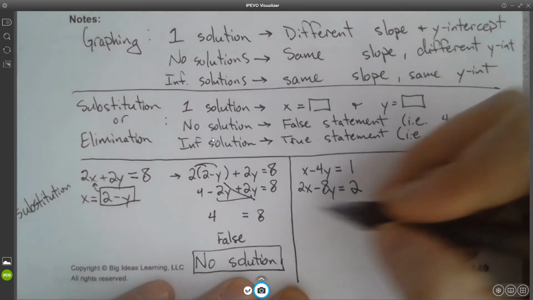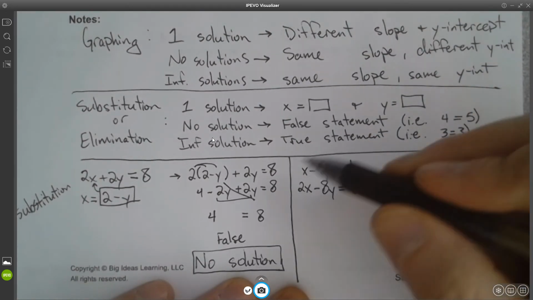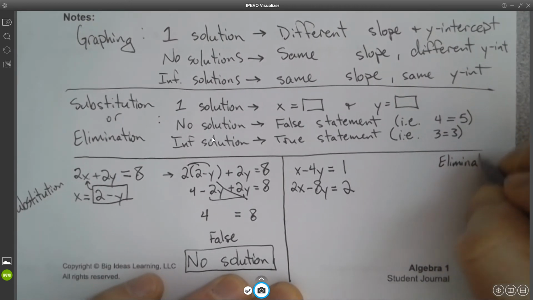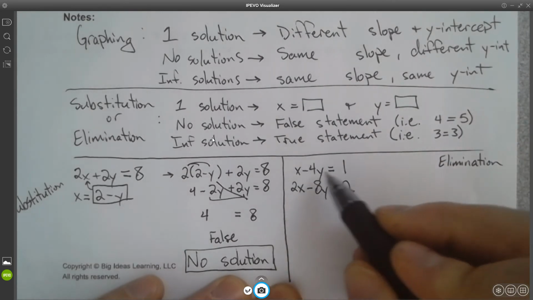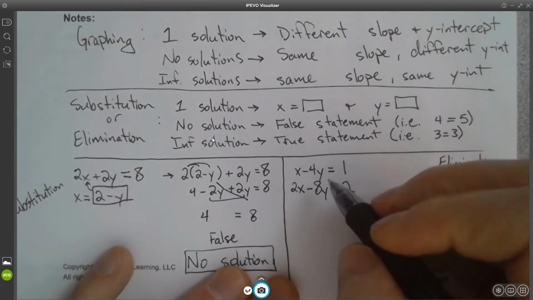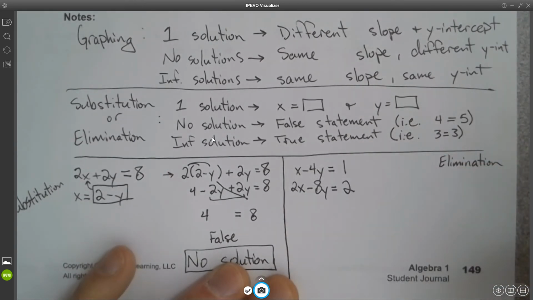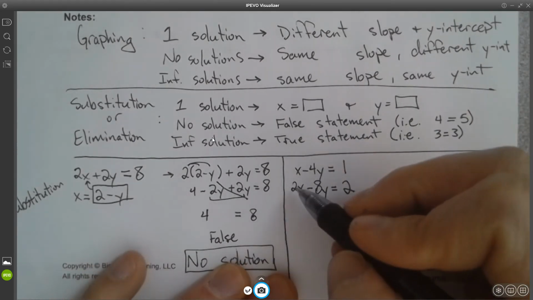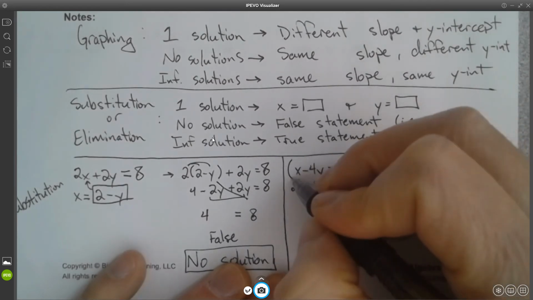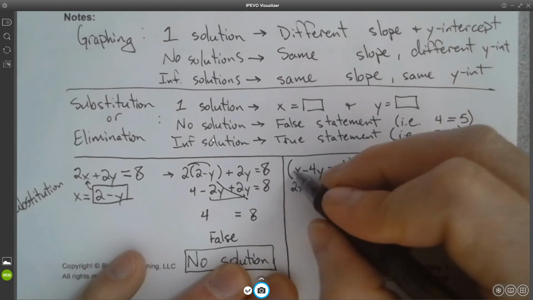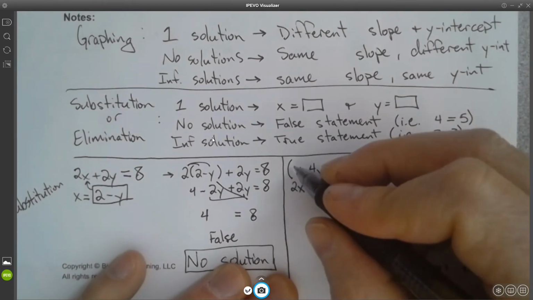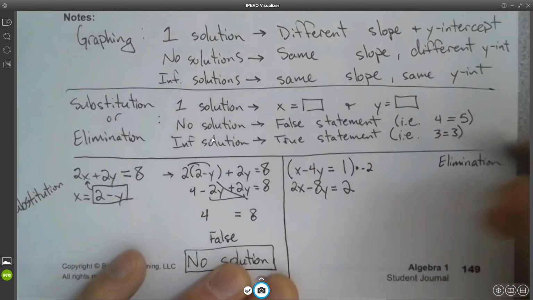When I look at the second example here, this makes the most sense to solve using elimination because both equations are in standard form. If I want to choose a variable to eliminate, let's say I want to eliminate x's, I would need to multiply the top equation by negative 2 so that I have a negative 2x and a positive 2x.